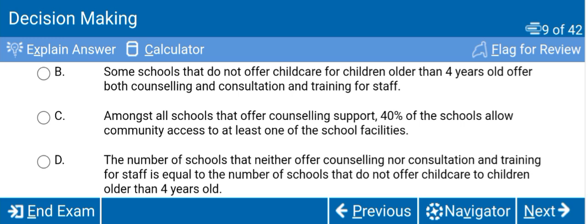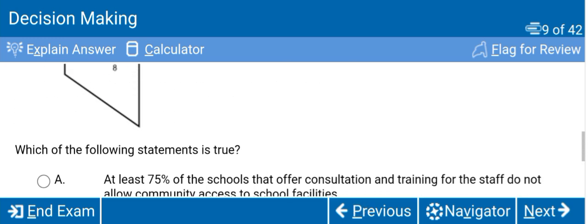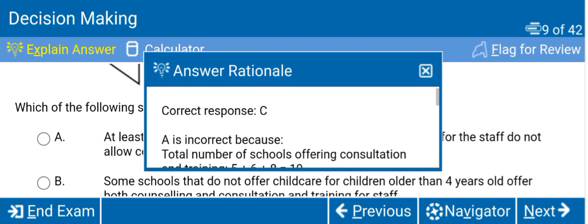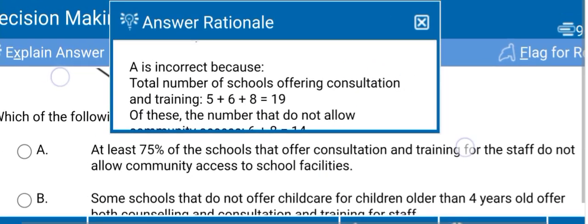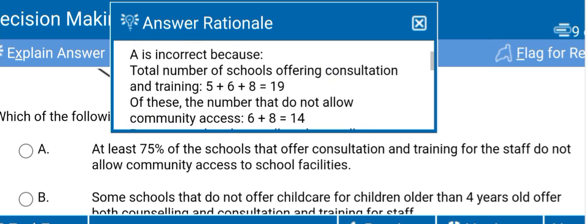So here we have these 4 options. So let's see which one is the correct. So here we have option C as the correct option, and option A is incorrect because the total number of schools offering consultation and training, that is 5 plus 6 plus 8 equals 19.